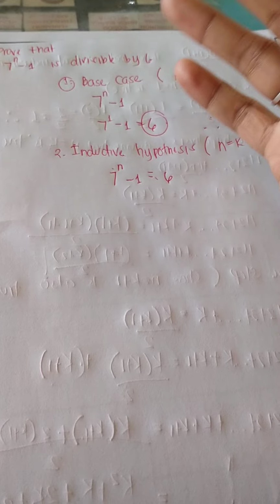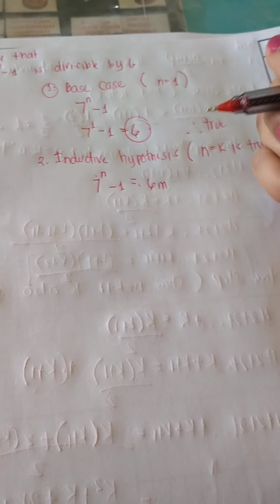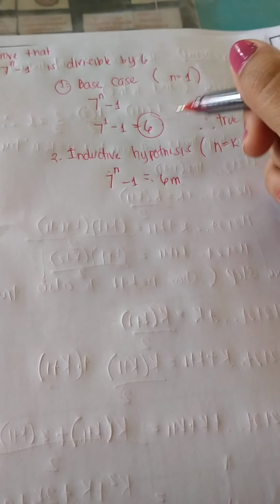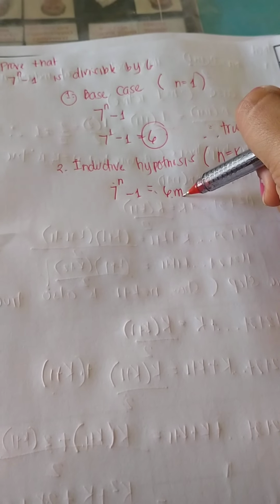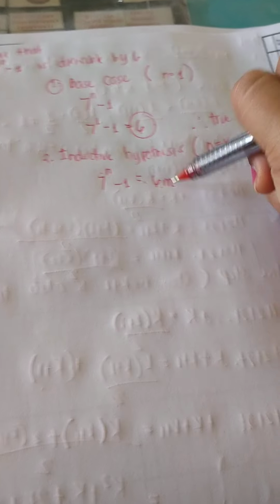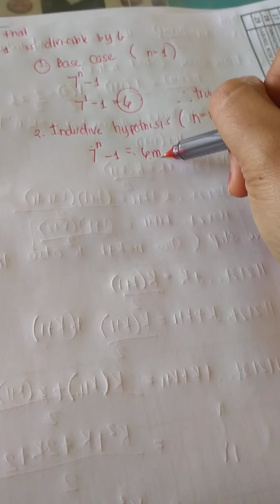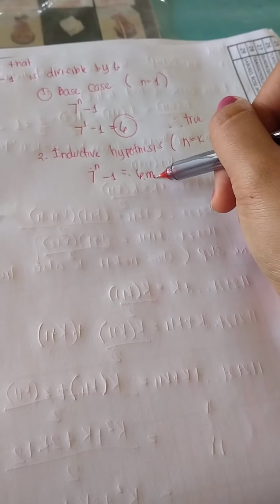6 then multiplied by any variable, let's say m. 7 to the power of n minus 1 is divisible by 6m. It is any variable, since it is divisible by 6 for some integer.